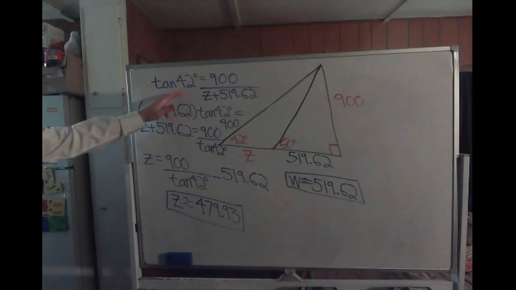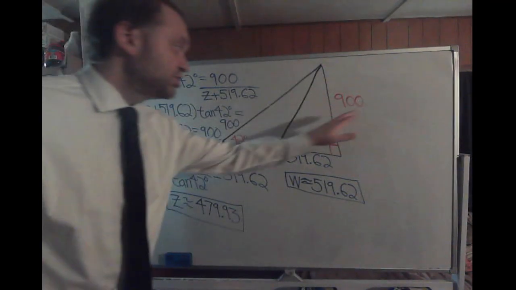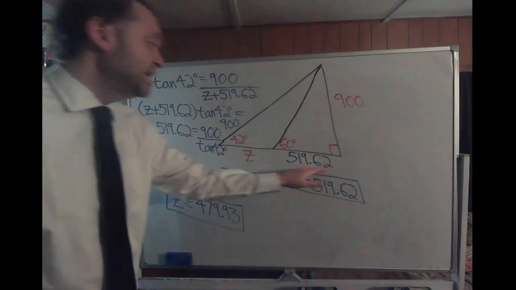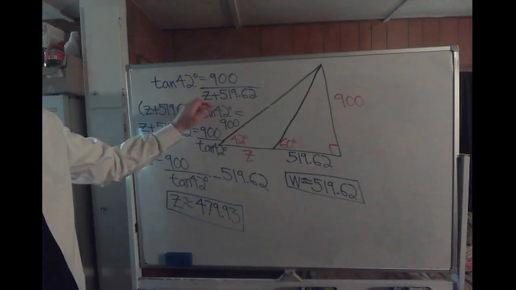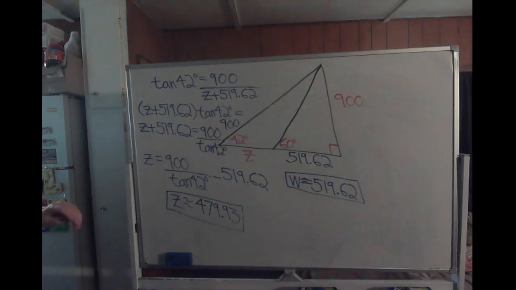So I set up my tangent ratio, but the tangent of 42 in this case is equal to the opposite side of 900 divided by the length of this whole side. Since we're considering the triangle as a whole, it would be 900 divided by Z plus 519.62. And then I did some multiplication and division. I ended up getting to this for Z, and Z ultimately is 479.93. So that's it for the tangent ratio.